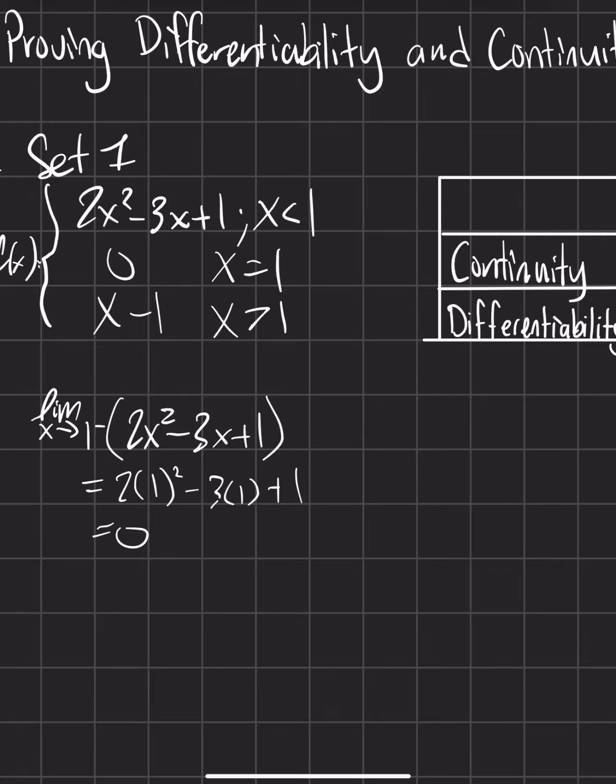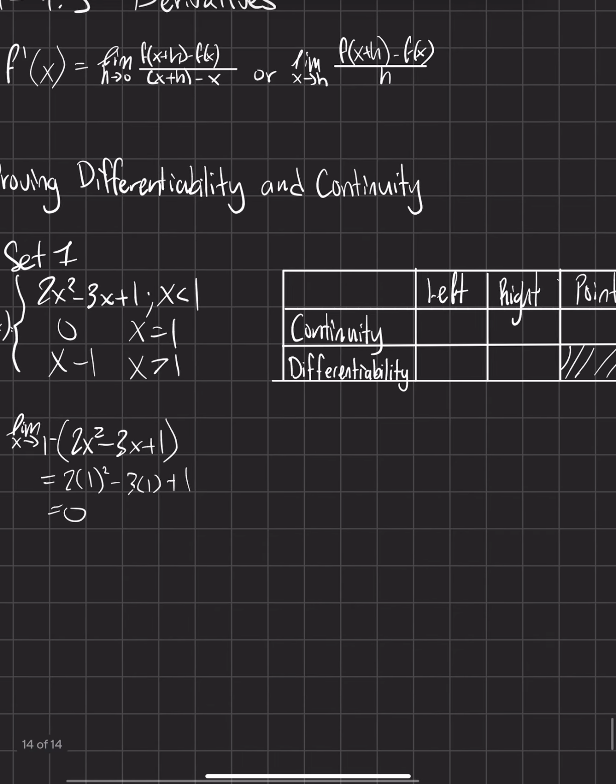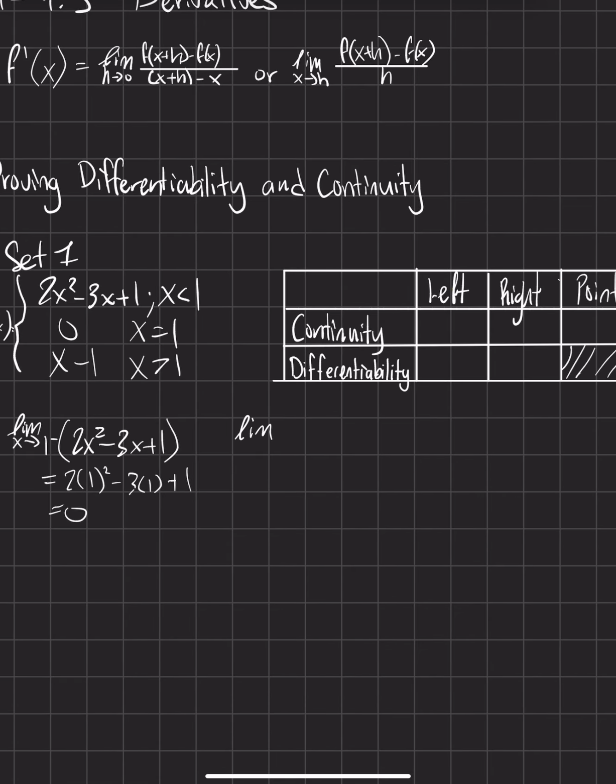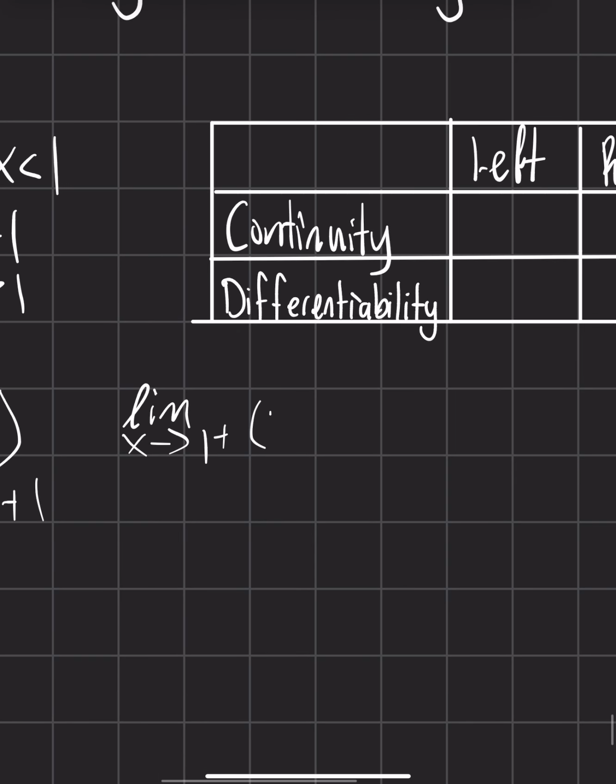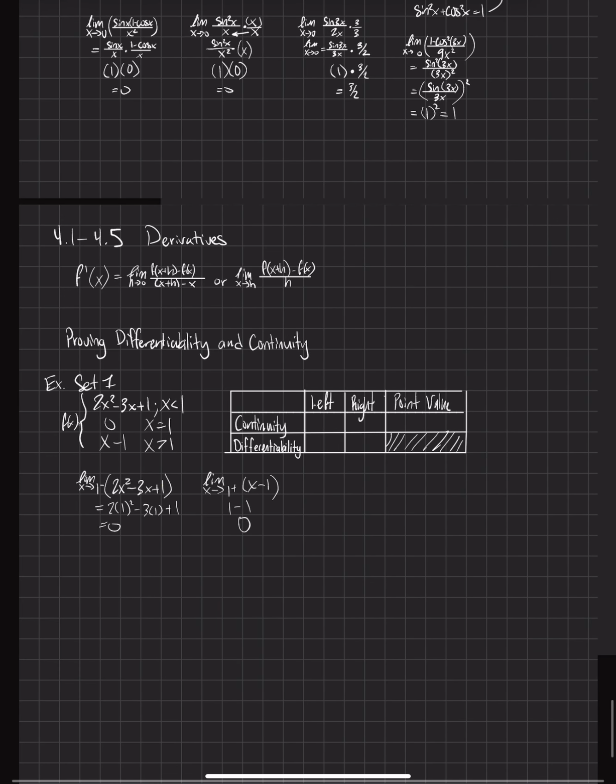So now we're going to evaluate our right limit, as x approaches 1 from the right, which is going to be x minus 1, where x is greater than 1. If we plug in 1 here, 1 minus 1 is 0. So now we see that our left and right limit agree.